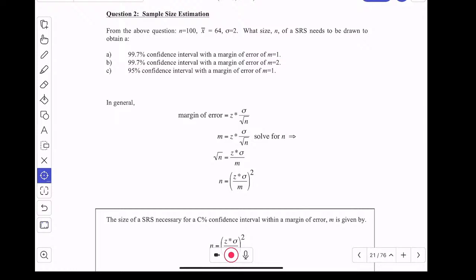So this is like the step back, trying to find the sample size we should calculate before we actually go and make a confidence interval.